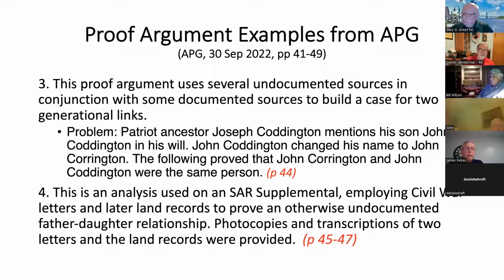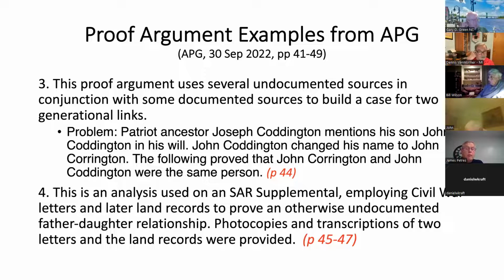This one had a specific problem because the issue was not the ancestor but his son, who had changed his name, and they had no direct evidence. There was no court paper or anything like that saying the name was changed from Coddington to Corrington. So they had to build an argument with other sources to prove that his name was changed, and that these 2 guys were the same person.